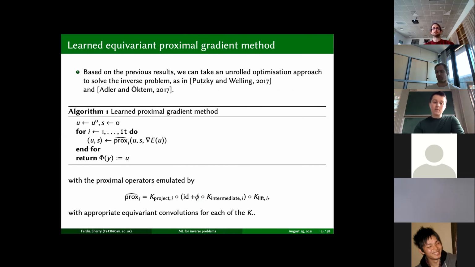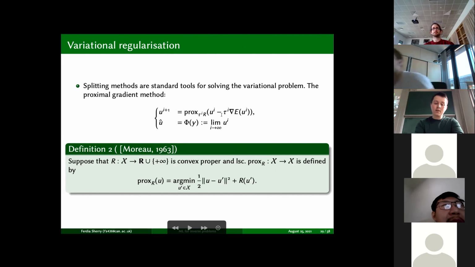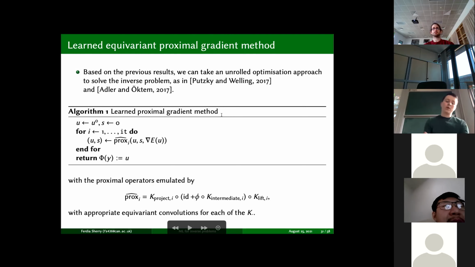As I alluded to before, probably the state of the art at the moment in learned reconstruction methods is this unrolled iterative scheme, where you take an optimization method like the proximal gradient method, truncate it to a small finite number of steps, and replace some parts of it by learnable parts.